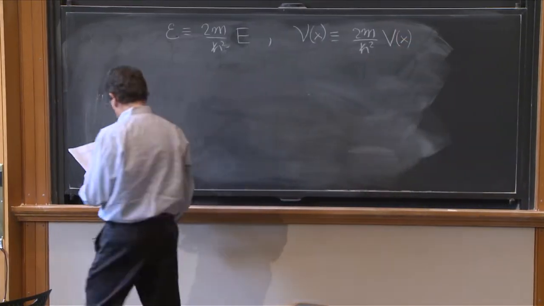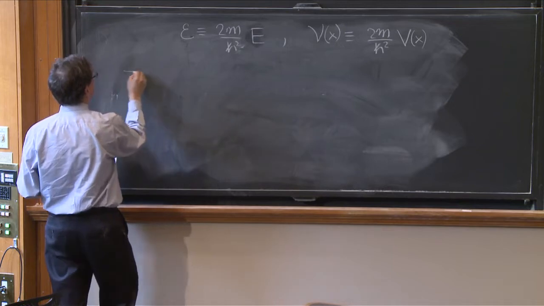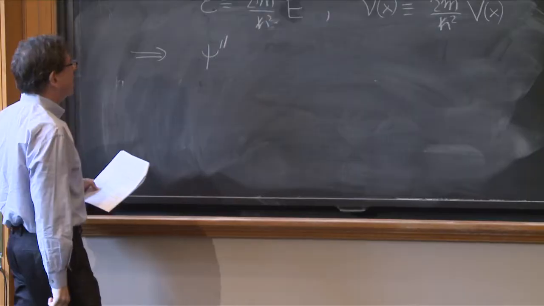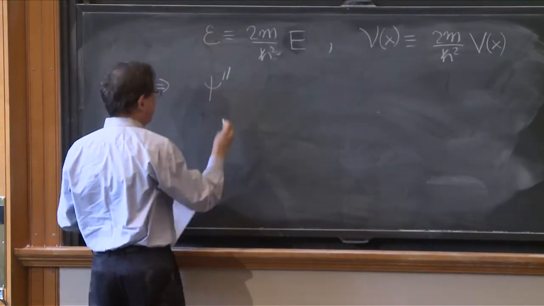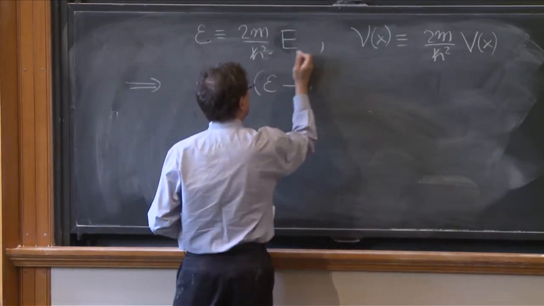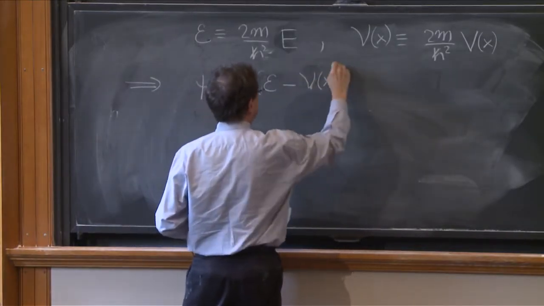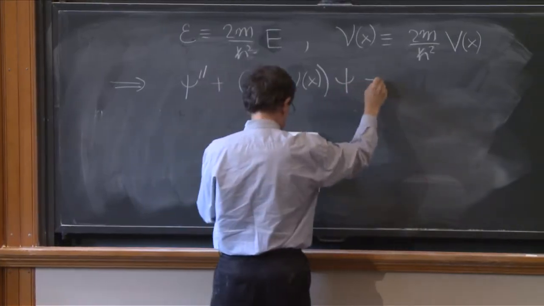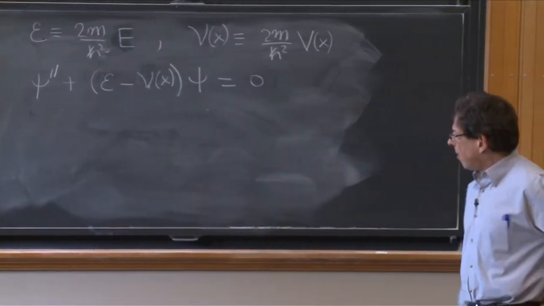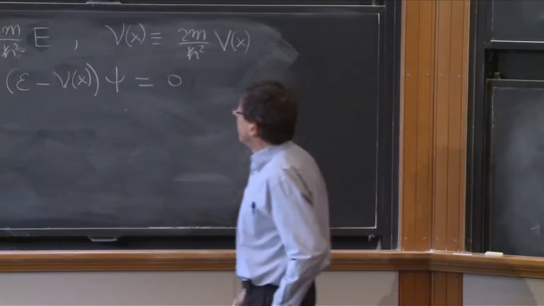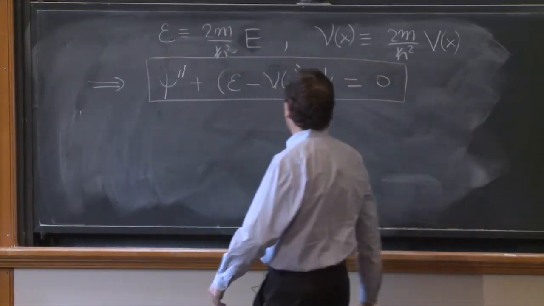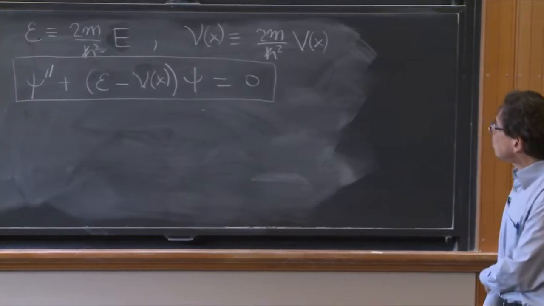So that the Schrodinger equation then takes the form, the same equation, psi double prime, using the double prime notation for two derivatives, plus calligraphic E minus calligraphic V of x, times psi, equals 0. So this is how our equation looks. It's relatively simple and can be treated without carrying constants all over the place.